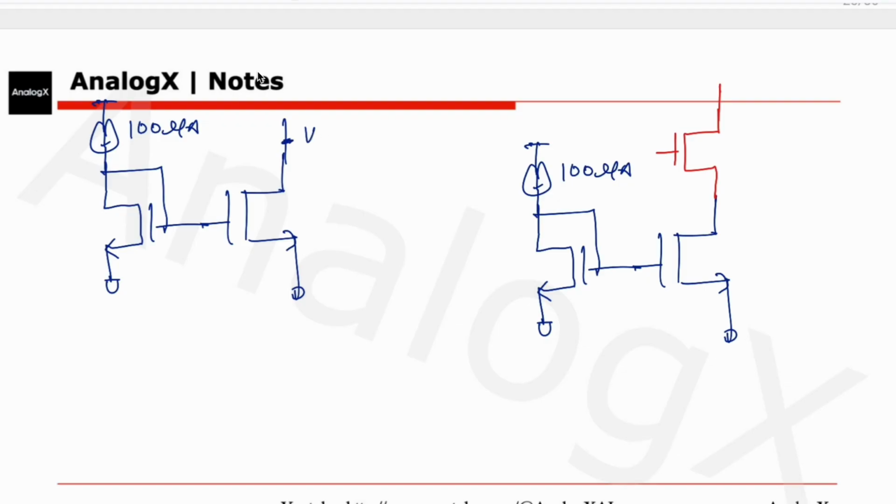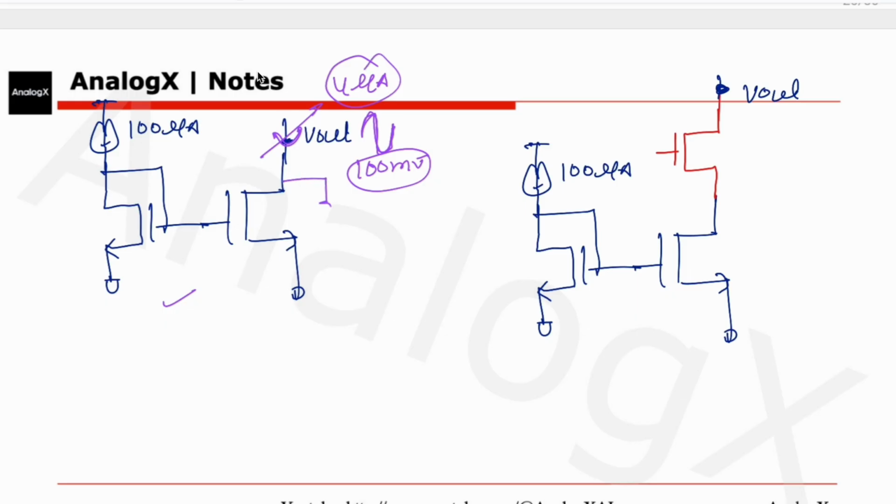This one is our V out, and this one is our V out. In this case, if I change this node by 100 millivolt, my output current changes by 4 microampere.